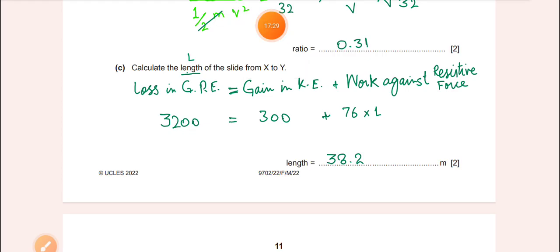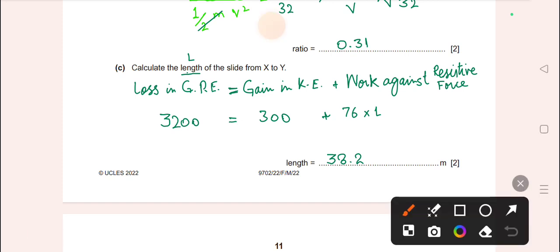In the next part it says calculate the length of the slide from X to Y. So whenever something is falling, we use the formula that the loss in gravitational potential energy is equal to gain in kinetic energy. But the formula is just equal to this one when there is no resistive force.